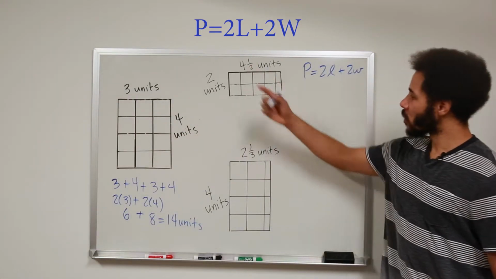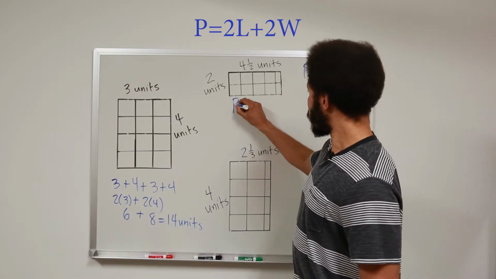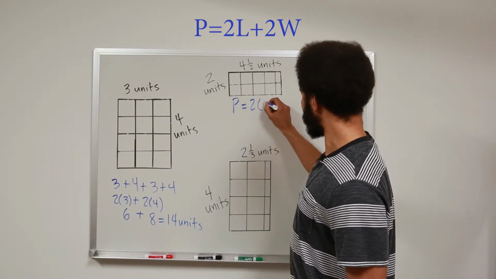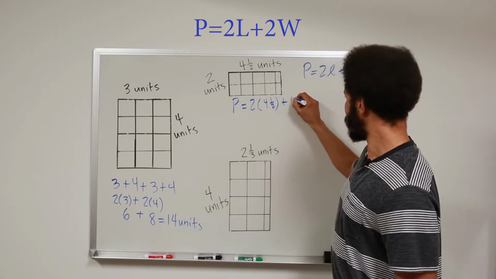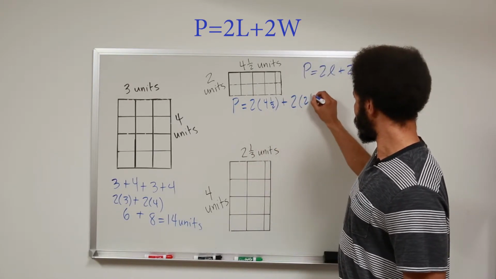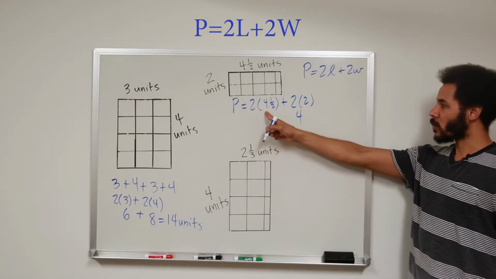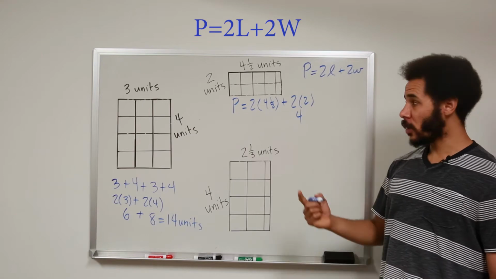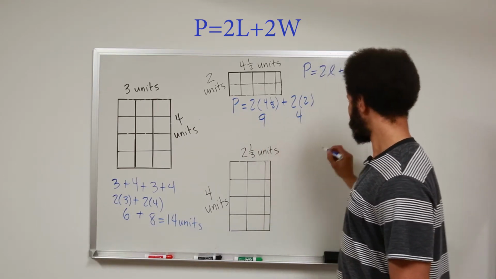It's going to be a little more tricky over here because we have fractions, but we can definitely handle this. We're going to say perimeter equals 2 times our length, which is 4 1/2, plus 2 times our width, which is 2. This is easy to see as 4. Think of this as $4.50, $4.50. If you have $4.50 2 times, you're going to have $9.